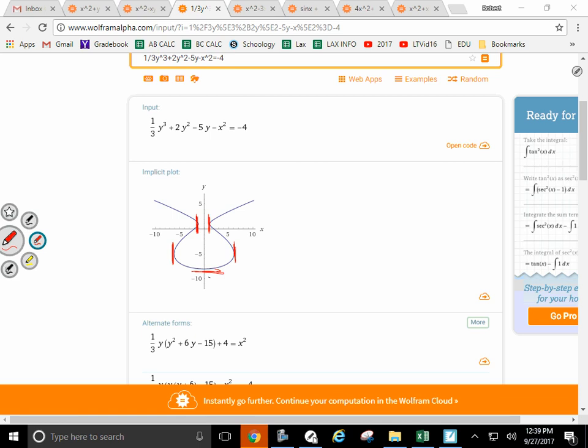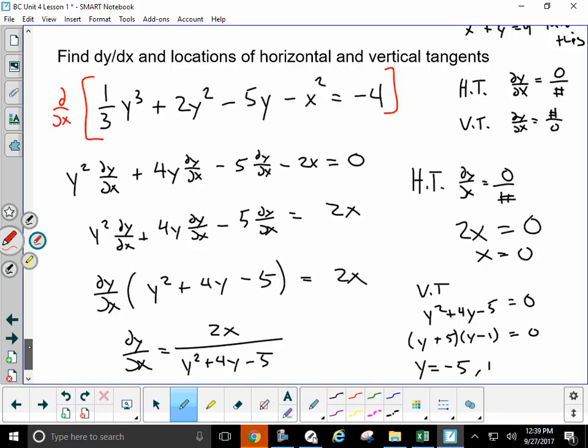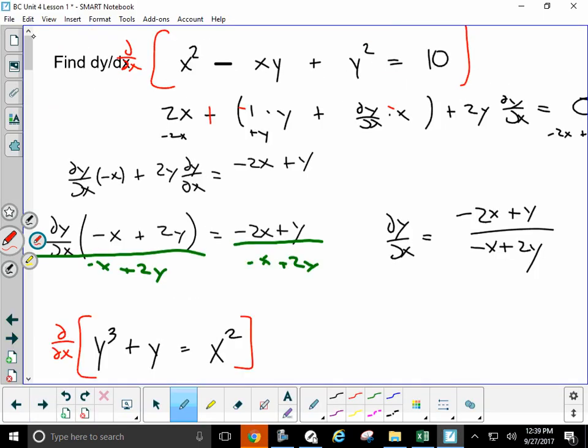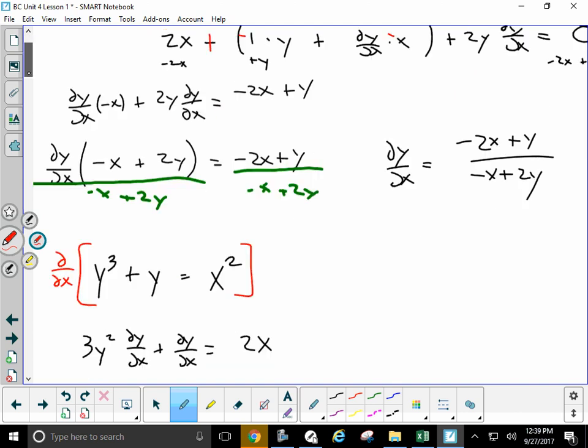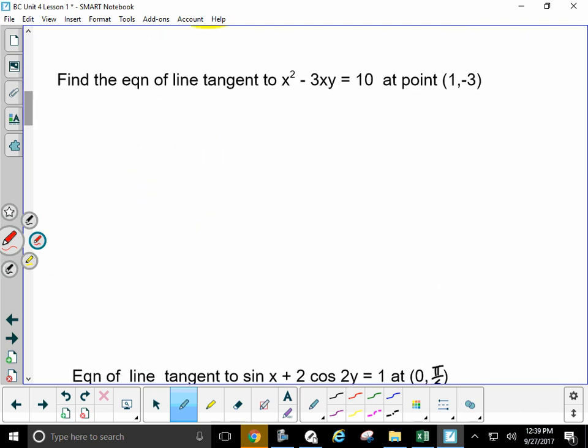We found it just by using some calculus, some derivative rules, solving for dy/dx. Okay? Next one. We can write equations of tangent lines. No big deal. The only difference between the equations now and the equations from like Unit 2 and Unit 3 is that they have to give you the point. They can't just give you x equals 1.